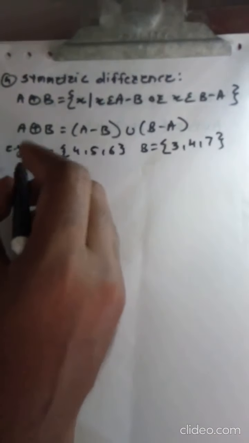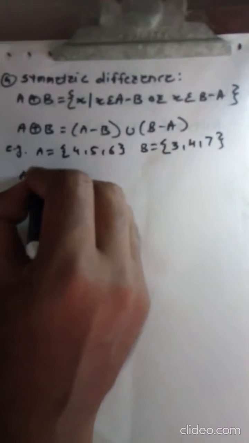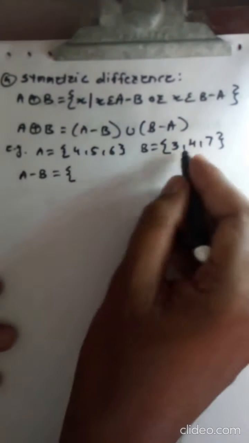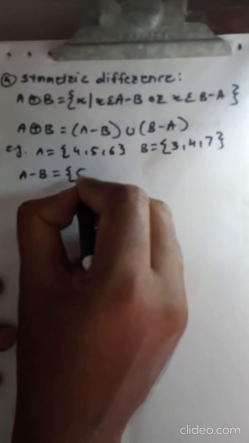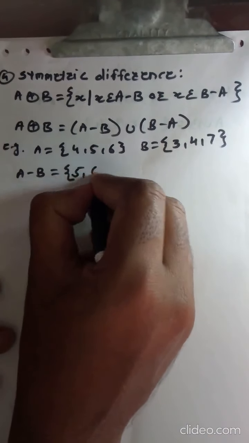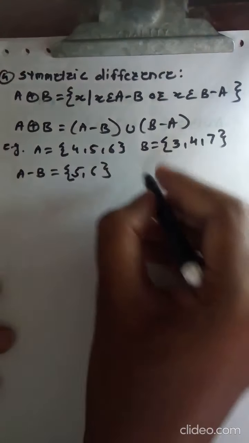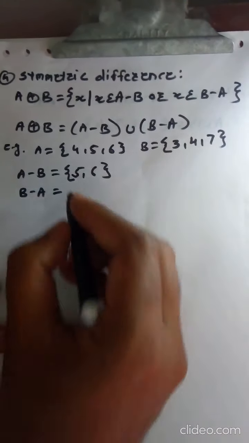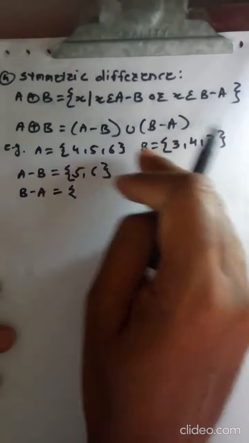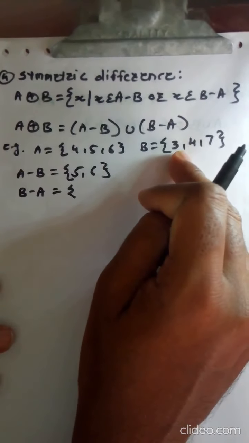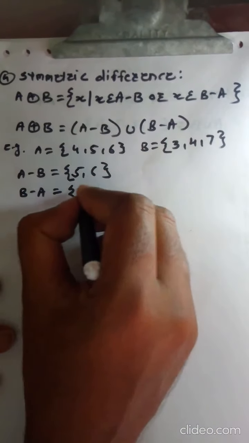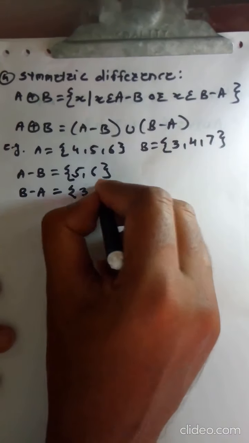Then A minus B is equal to {5, 6}, right? And B minus A is equal to, subtracting the elements of A from set B, {3, 7}.